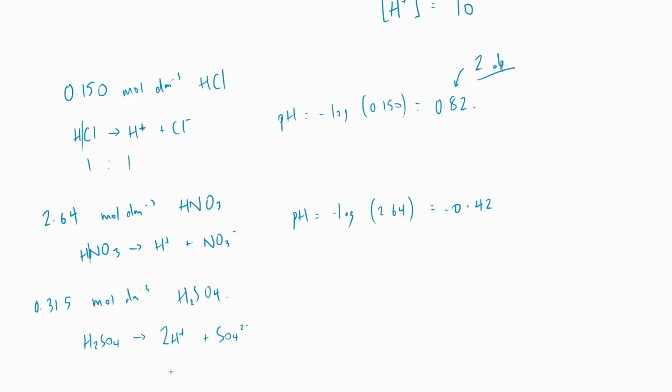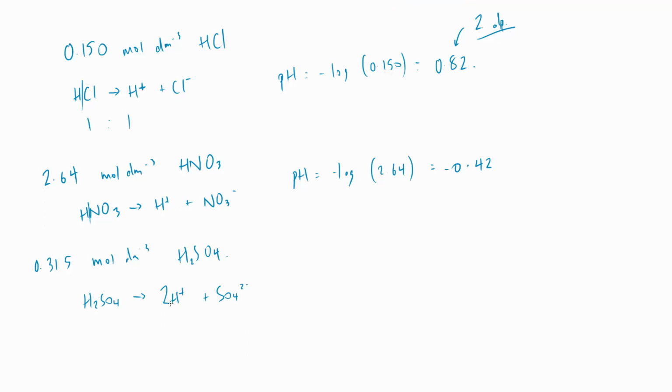Therefore my concentration of H+ in this case is 0.315. Looking at the ratio 1 to 2, 0.315 times 2, therefore 0.630. But then the calculation is the same. It's the minus log of 0.630, and that gives us a value of 0.20. What lovely numbers these are.